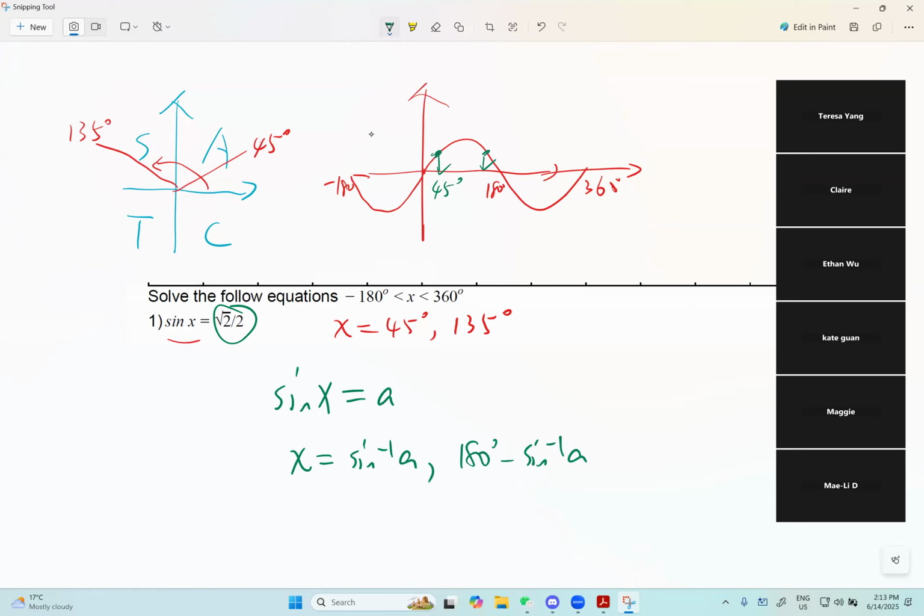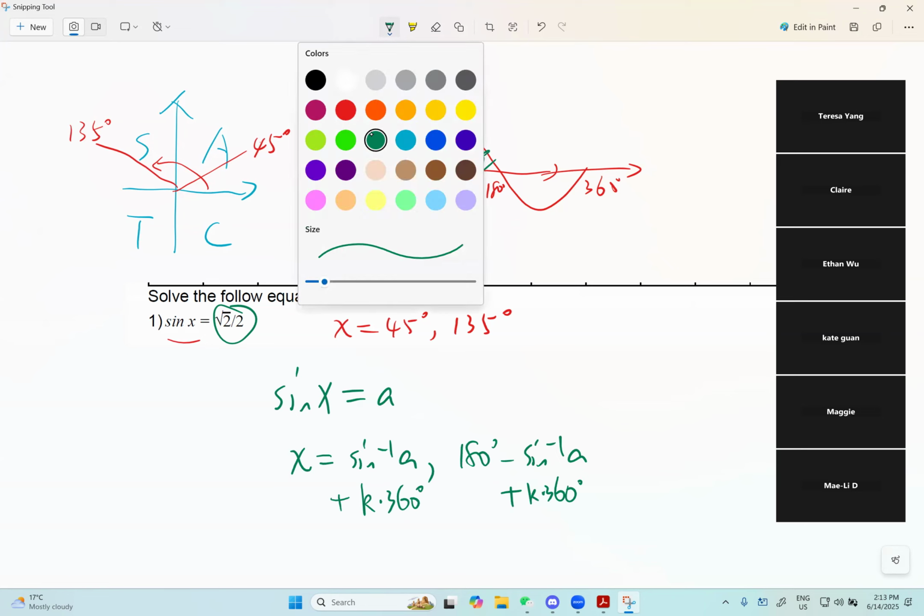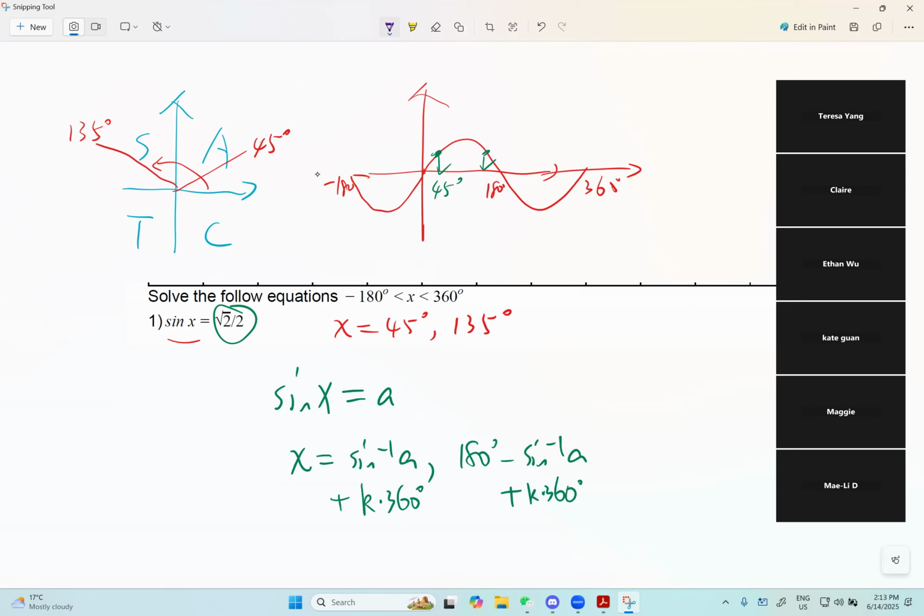If you need more, we plus the multiple k times 360. We just keep adding multiples of 360. Of course, you can minus 360. For example, if we need more answers, this question you don't need. If we need more answers, you plus 360, we got 405.